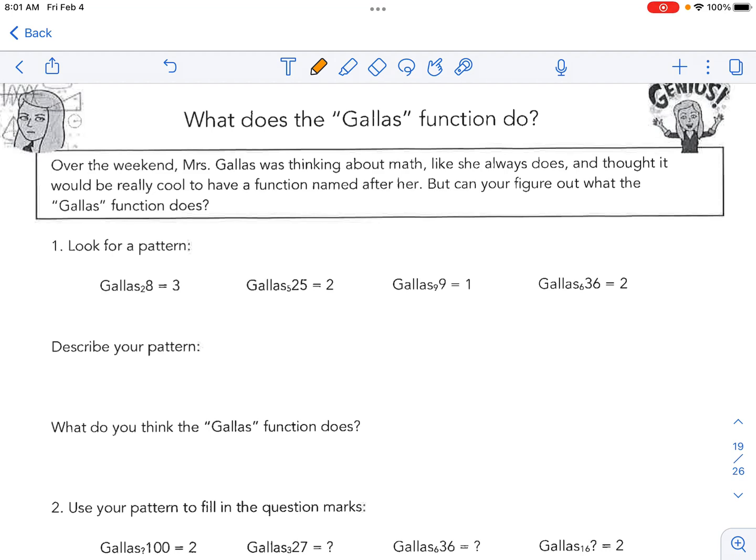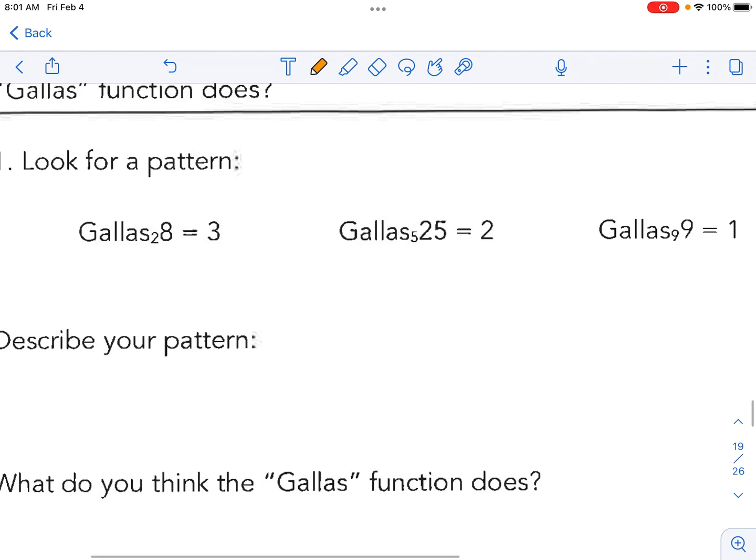None of those work. But because we're looking at exponentials in this unit, if we start looking at powers, what we see is that 2 to the 3rd power is 8.